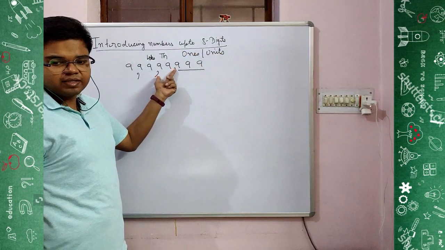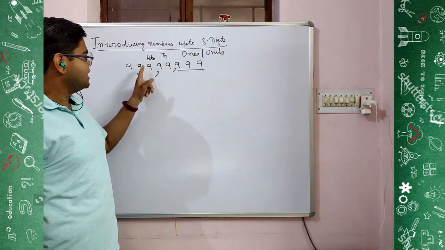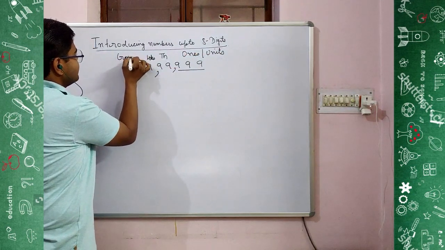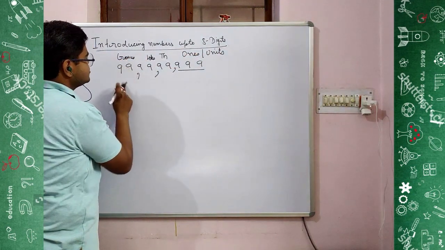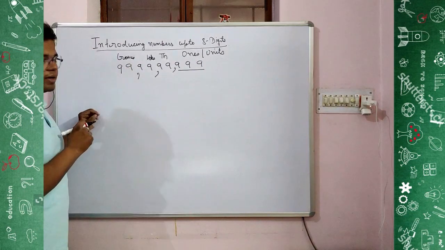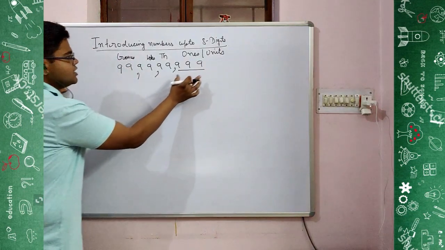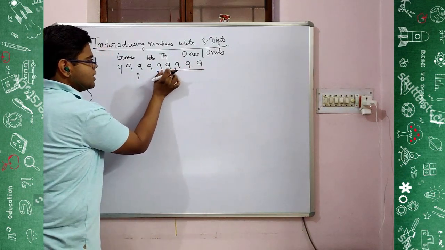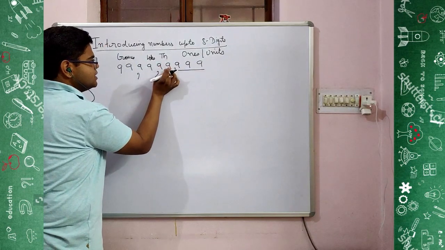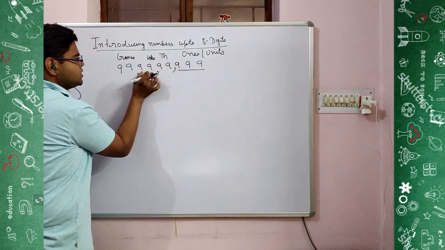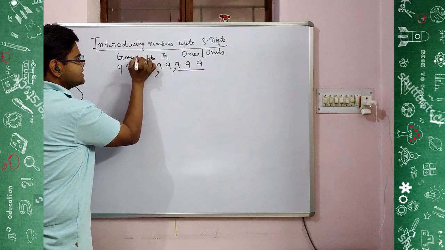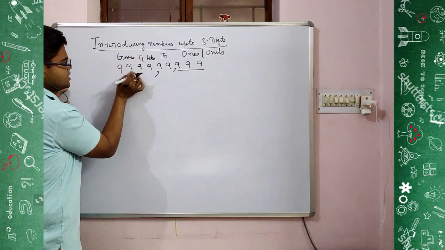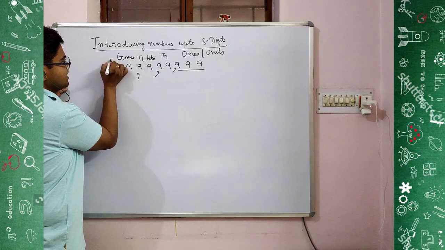Then we have thousand, then we have lakhs, and after this we have, children, crores. And if we add one more 9 here, this will become 99 crore. So the first group is divided into three parts: ones, tens, hundred. The next group is of two digits, that will be thousand, 10,000. The next group again two digits, lakhs, 10 lakhs. After this, two digits will be crores, crore and 10 crore.